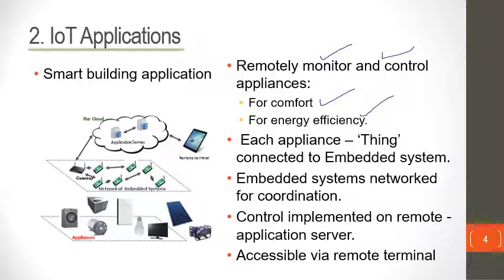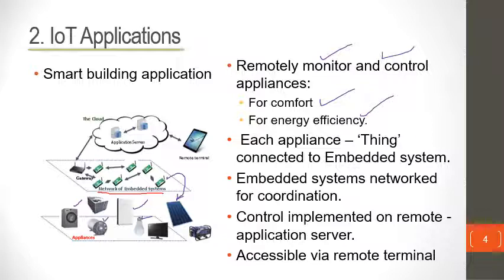In this case, these appliances, the geyser, the washing machine, battery pack, light bulbs, are all called things, and each of these would be connected to its own embedded system, and the embedded systems in turn are networked in order for them to be able to coordinate.